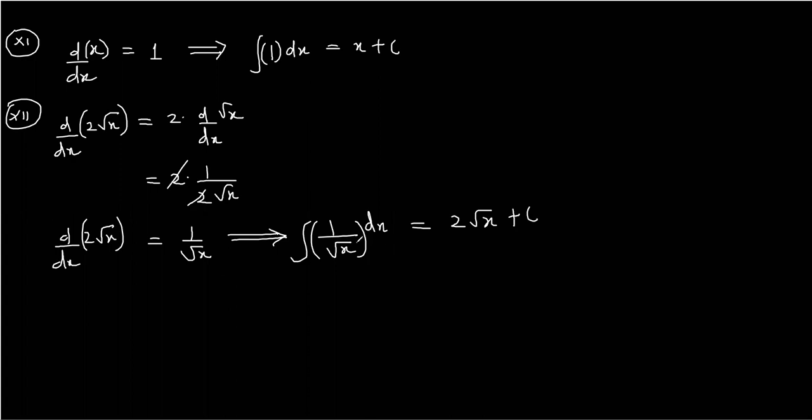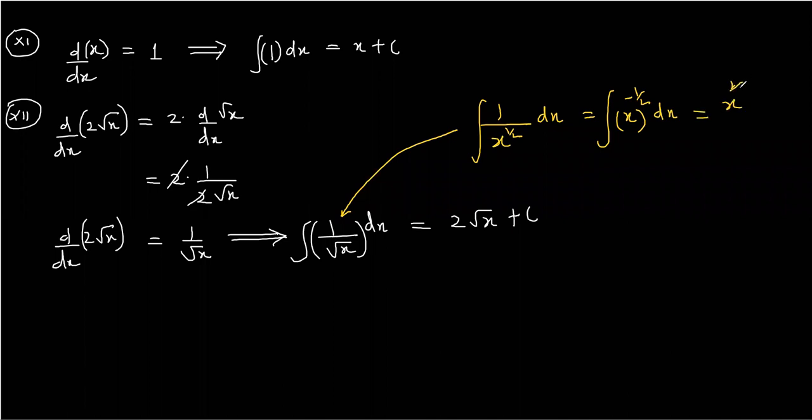Okay. Remember students, there can be an argument on this. One can argue that if I have to integrate 1 upon root x, why wouldn't I write 1 upon x raised to half, then x raised to minus half, and then integrate using x raised to n, which is x raised to n plus 1 upon n plus 1?